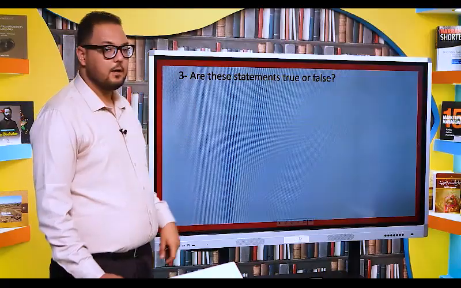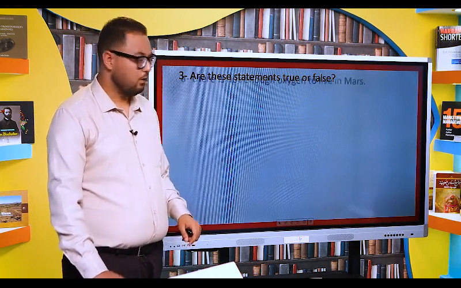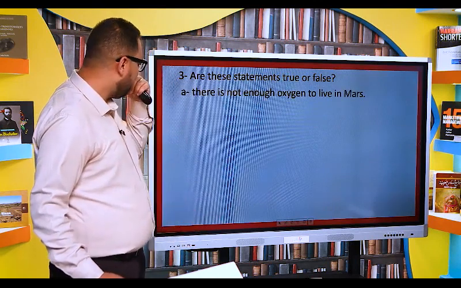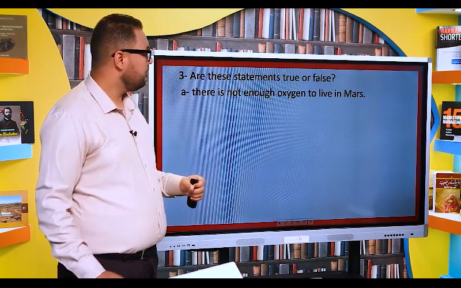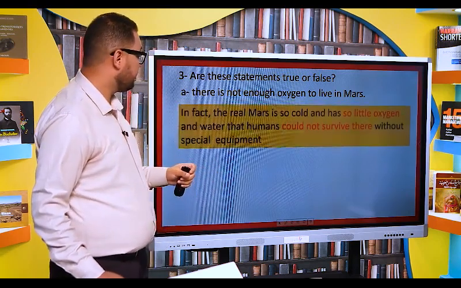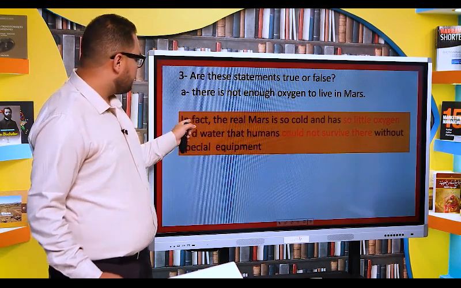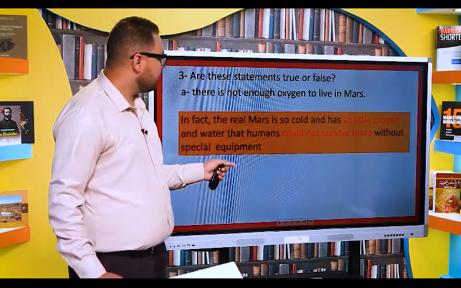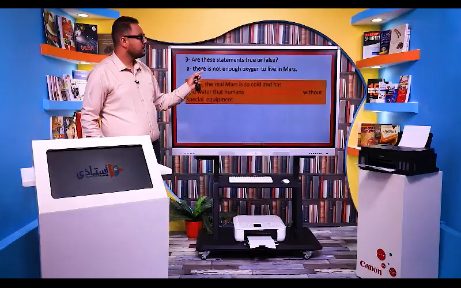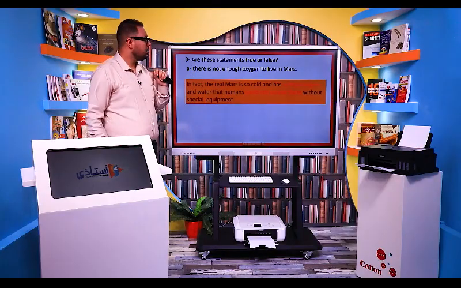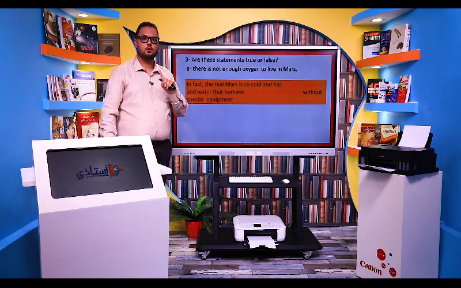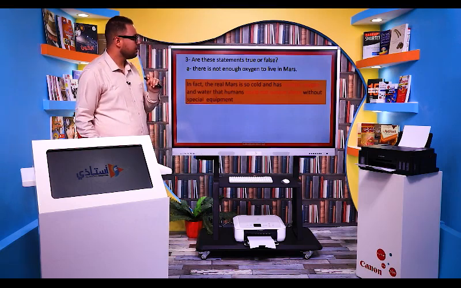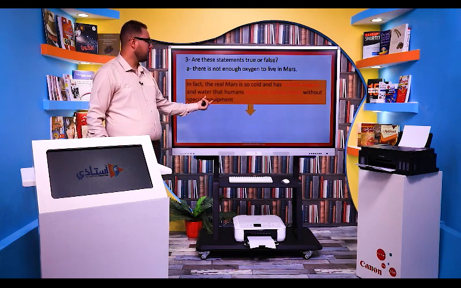Question number 3: are these statements true or false? The first one, A: there is not enough oxygen to live on Mars. In the text, in fact, the real Mars is so cold and has so little oxygen and water that humans could not survive there without special equipment.